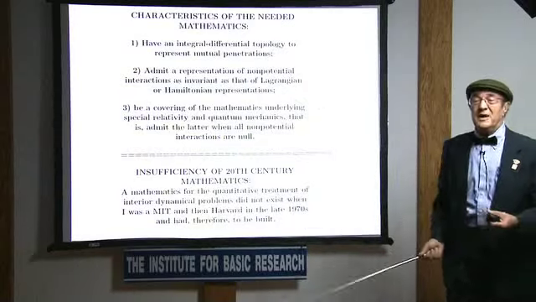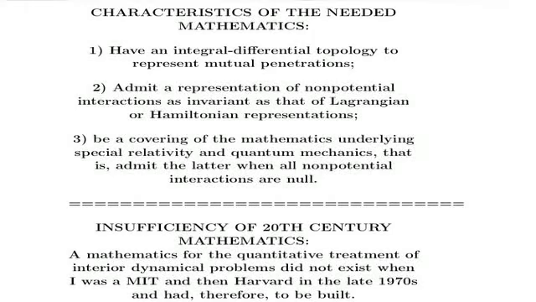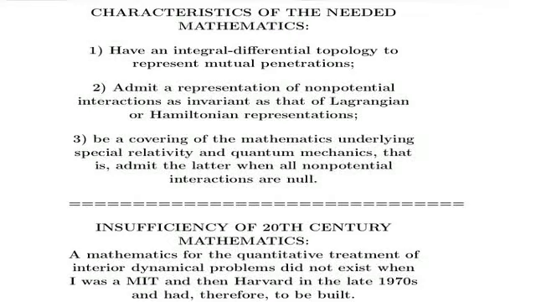More specifically, the mathematics that we need to treat the systems in which we are interested has to have an integral differential topology, namely a topology that represents the volume in which the interaction occurs. Number two, the mathematics has to represent the non-potential, non-Hamiltonian, non-linear interaction in a way as invariant as the 20th century theory represents in a majestic way, which is invariant, the potential interaction.